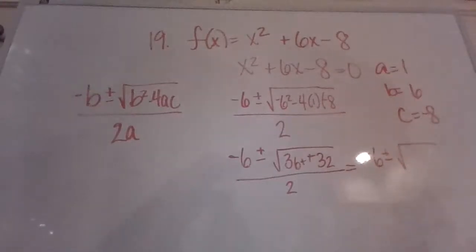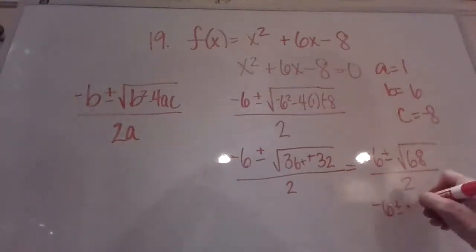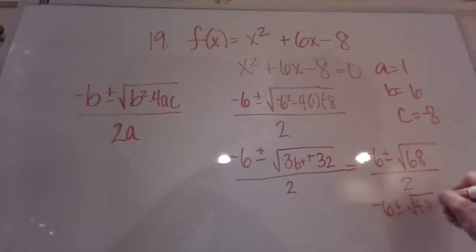So now it is 68 over 2. It's looking good, but this 68 can be simplified. I believe 4 can go into it. 68 divided by 4 is 17. So negative 6 plus or minus the square root of 4 times 17, over 2.